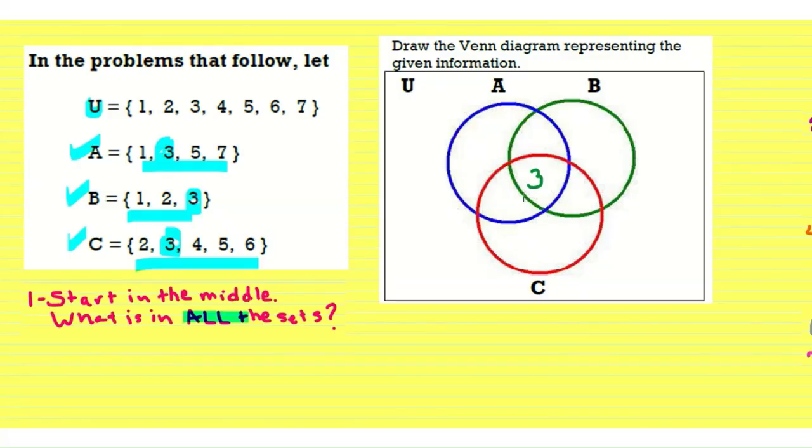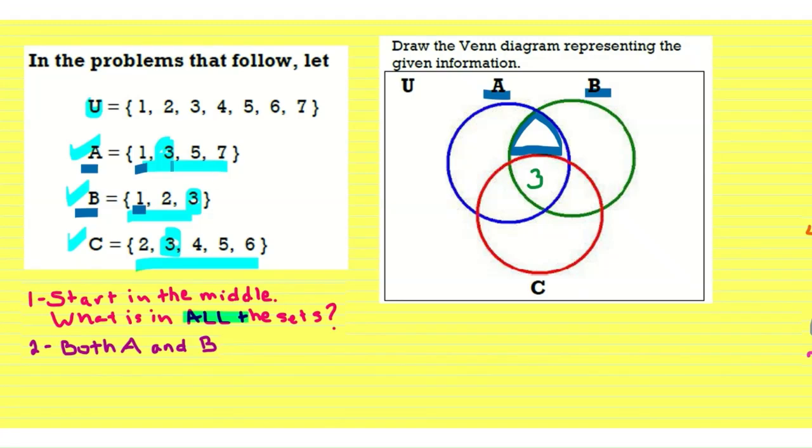Okay, the next thing we're going to do is look for what is in both A and B, and that's going to go in this little space right here. That's the space that's only A and B, but not in C. So let's see. I've got a 1.